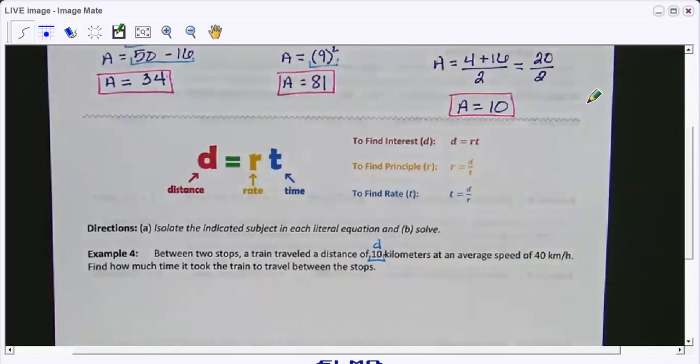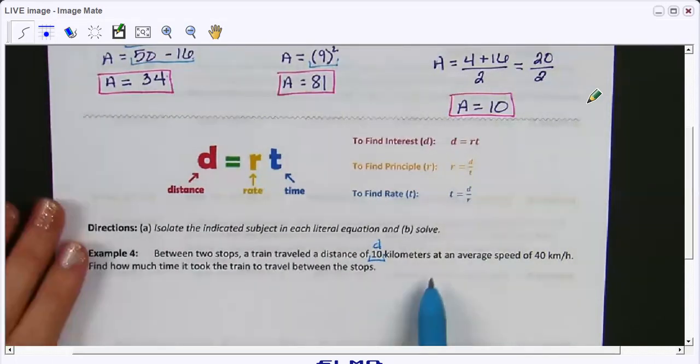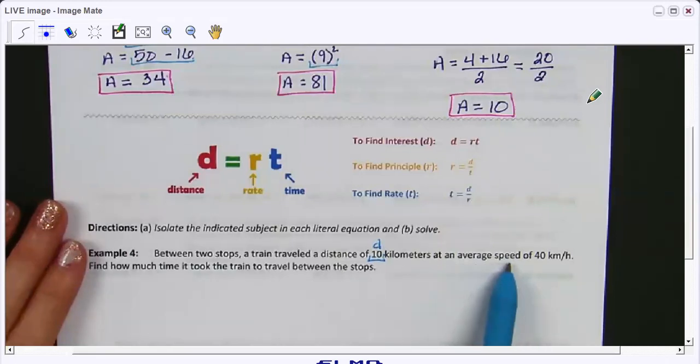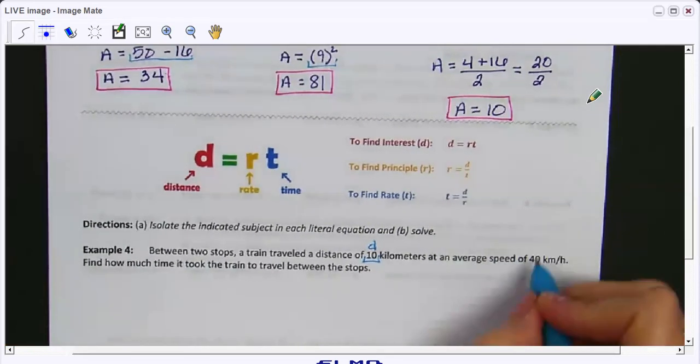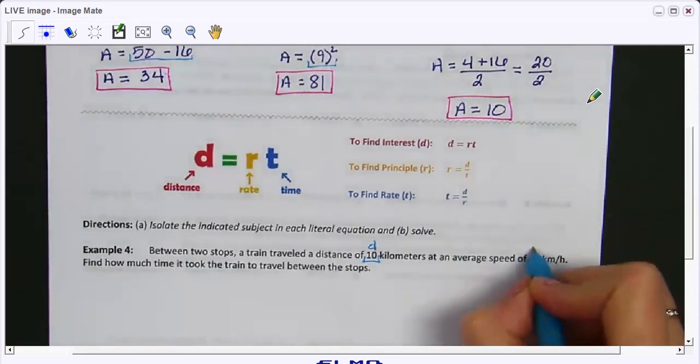So when I plug 10 into the formula, it will go where the D is. At an average speed of 40 kilometers per hour. Speed is rate. Okay, otherwise it would say so many hours or so many minutes. So 40 represents our rate.